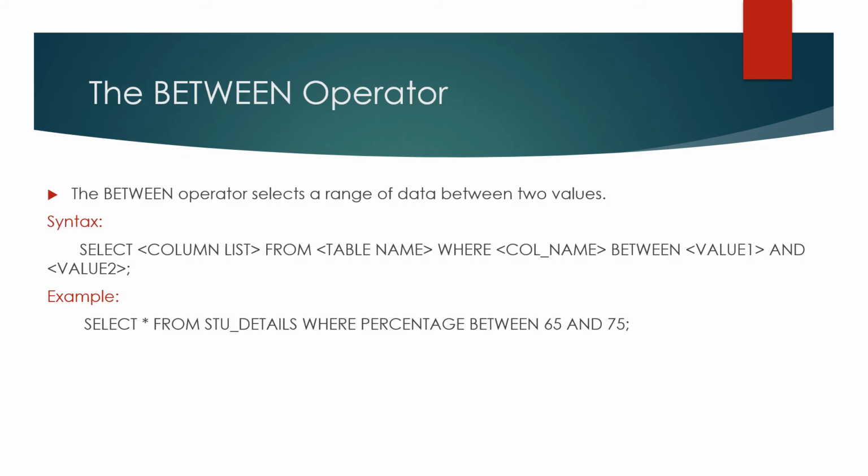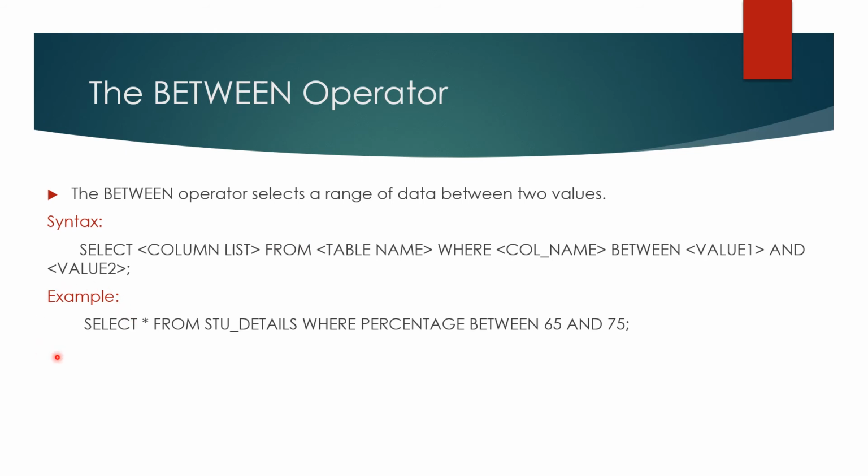The between operator. The between operator is used in a where clause to select a range of data between two values. And here is the syntax of the between operator. Select column list from table name where column name between value 1 and value 2.